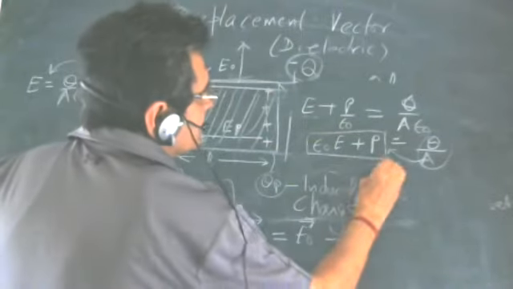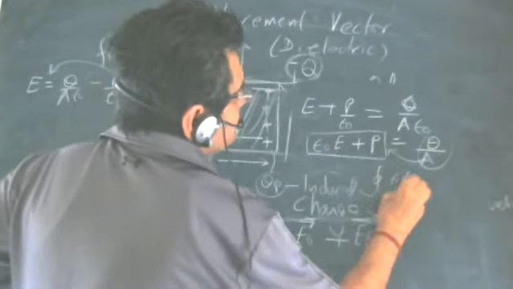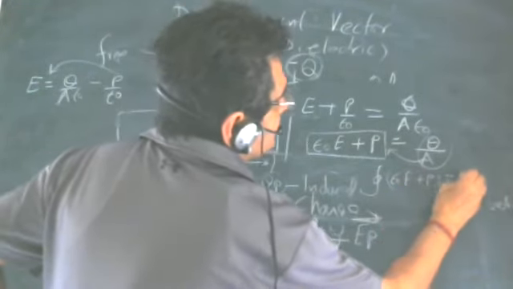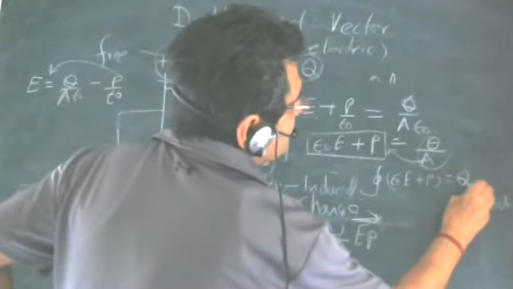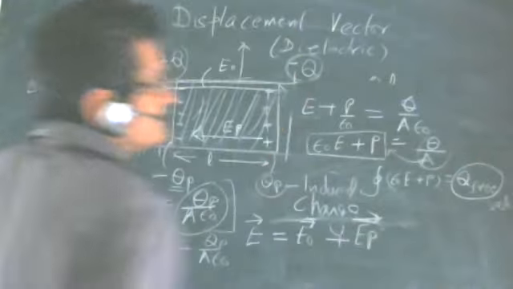So we can write epsilon0 E plus P is equal to Q. The Q I will write as Q free. This is the free charge.